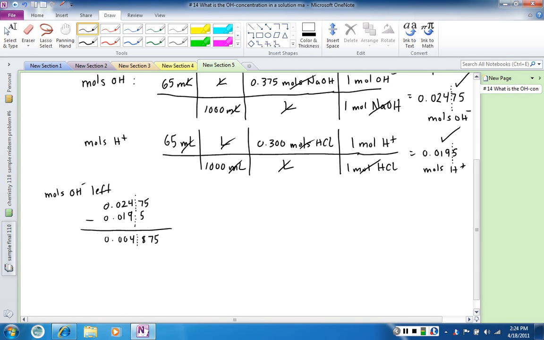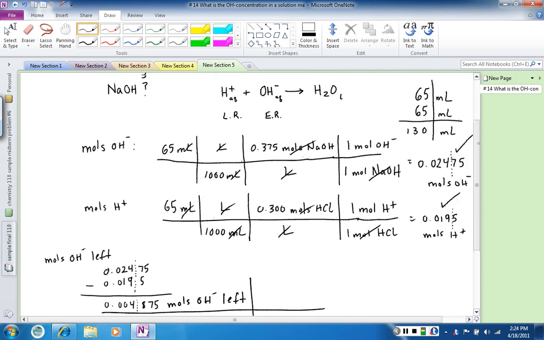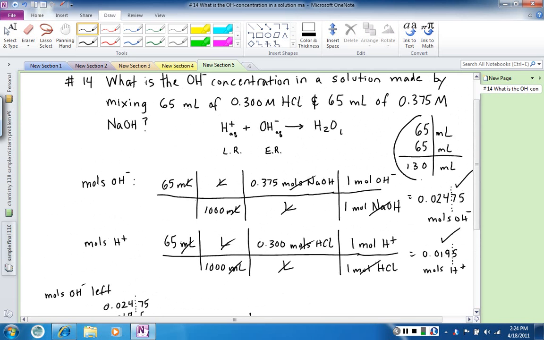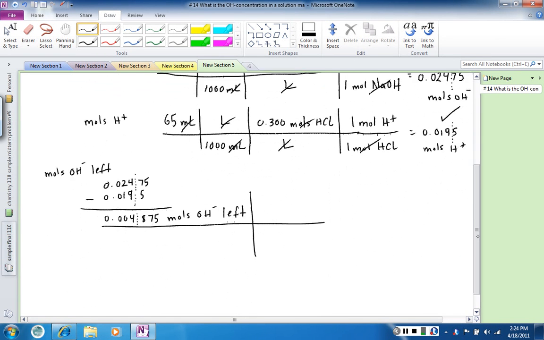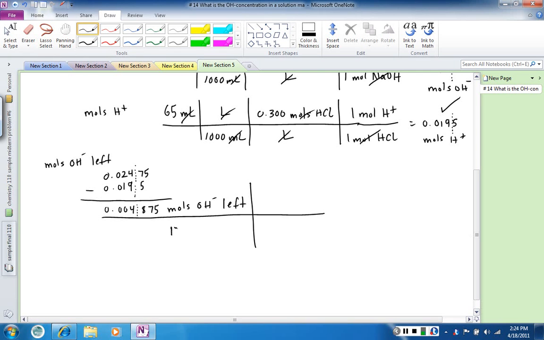Now we put that value, so this is moles OH minus left, over our new total volume, which we figured out very first, because we mixed 65 mils of each of these solutions together. So we have it over 130 milliliters.